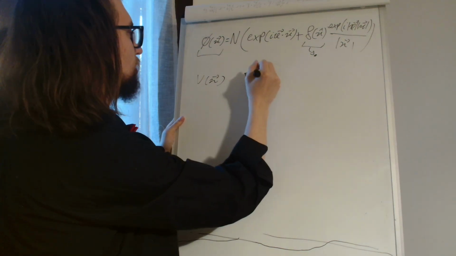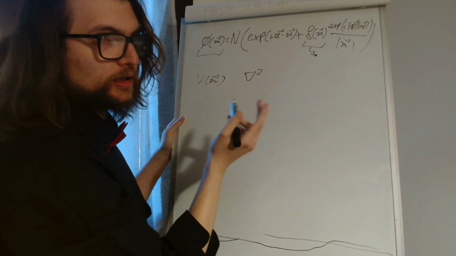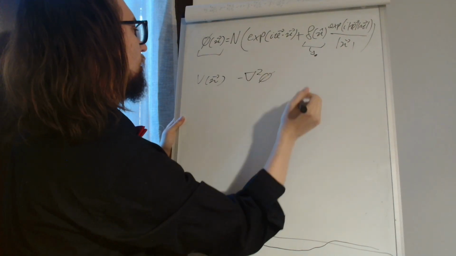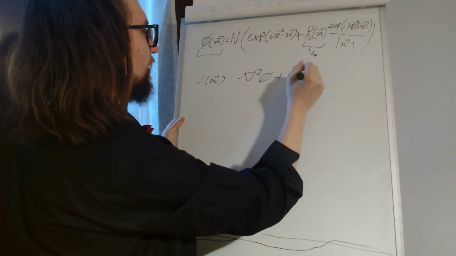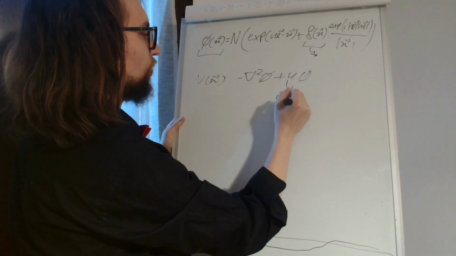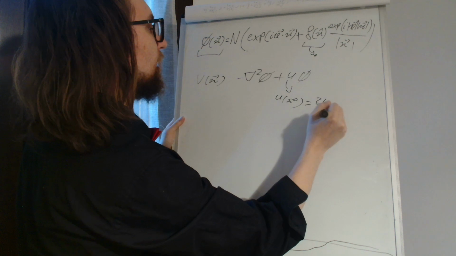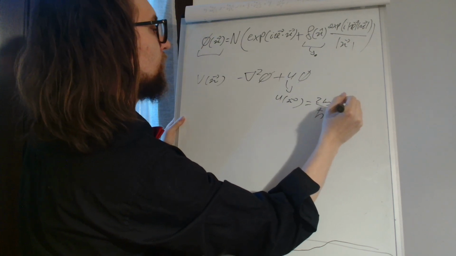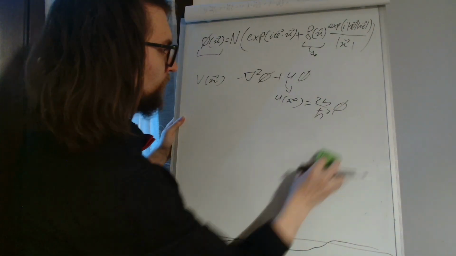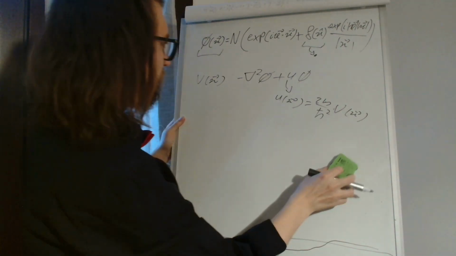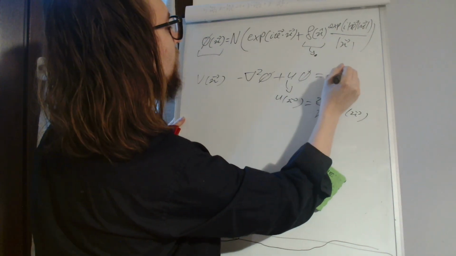The time-independent Schrödinger equation can be written like this. Here we have the rescaled potential energy U of x equals 2m divided by h bar squared times U, big U of x, and here we have k squared phi.